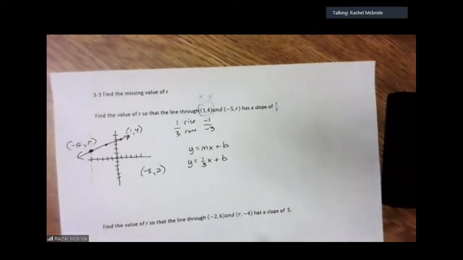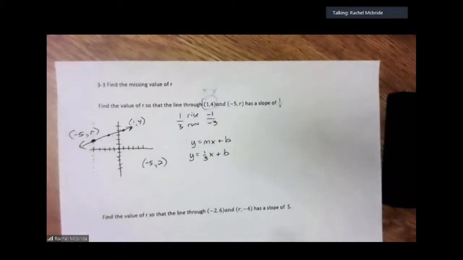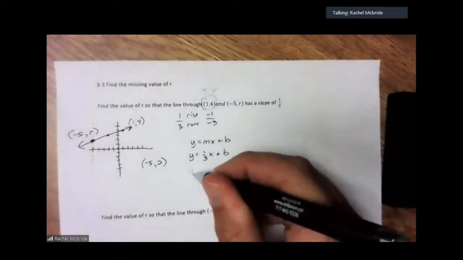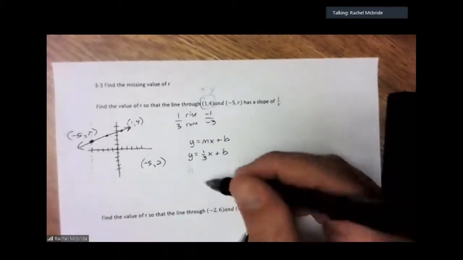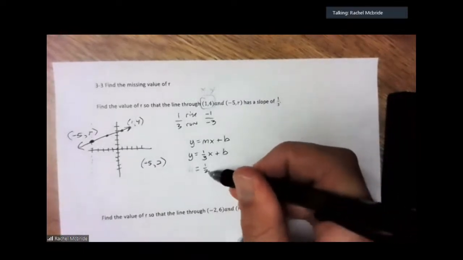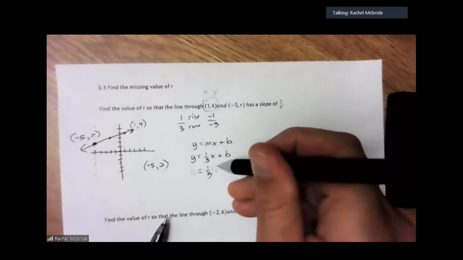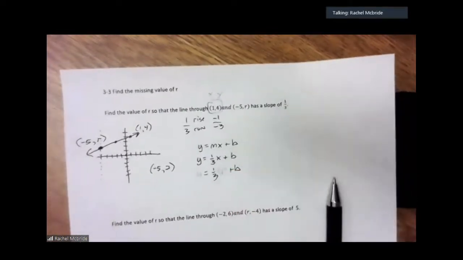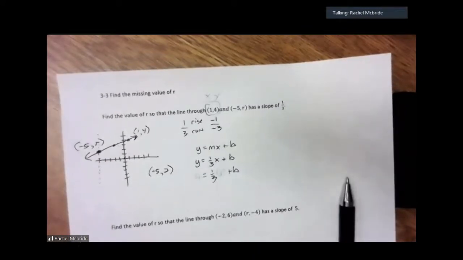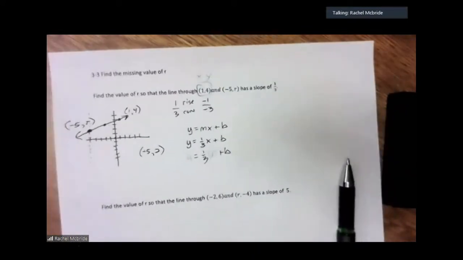So what if I put that in this equation as well, where I do 4 equals 1 over 3 times 1, and then I have plus b. By doing that, you see I now have an equation where I can solve for b.